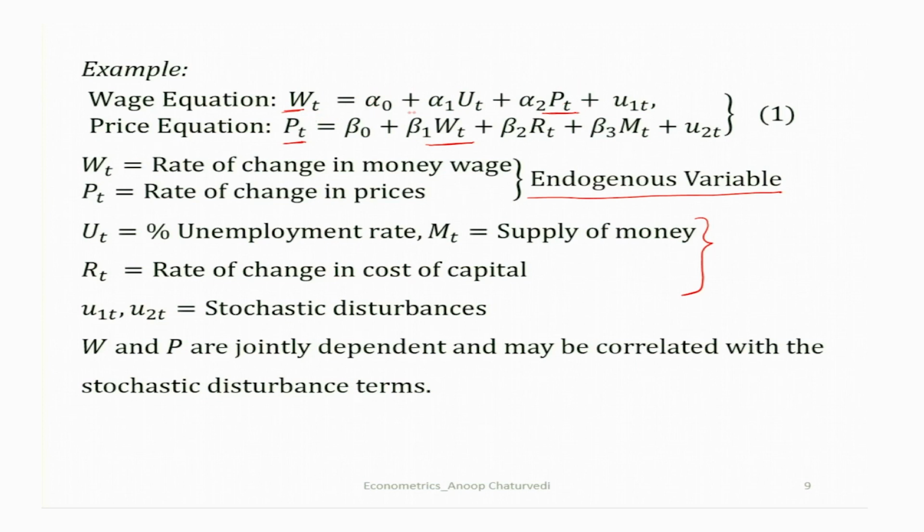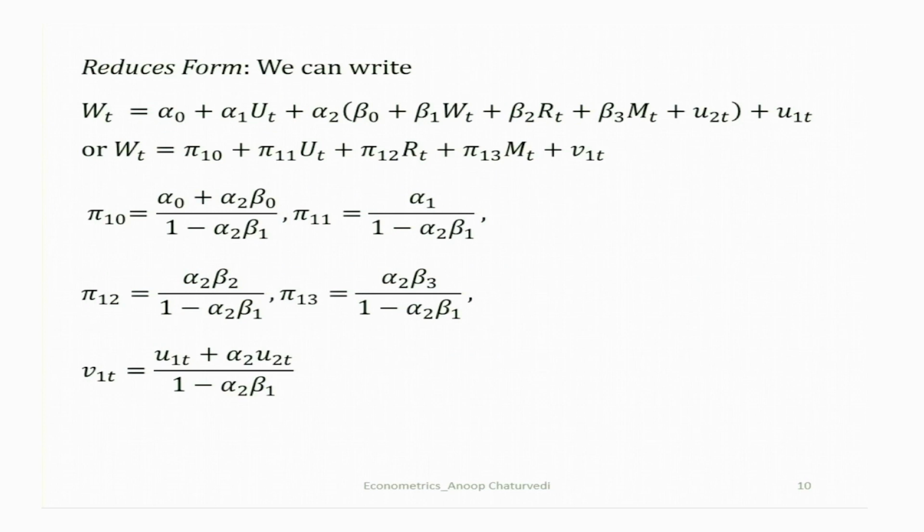So, towards the right hand side also you find this endogenous variable, or in second equation also you have an endogenous variable, and these endogenous variables P t and W t may be correlated with U 1 t and U 2 t. Now, this creates problem. Then you cannot directly apply OLS procedure for estimating this equation or for estimating this equation, because it leads to inconsistent estimators.